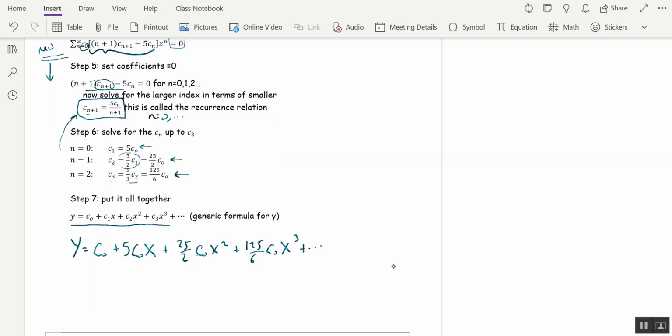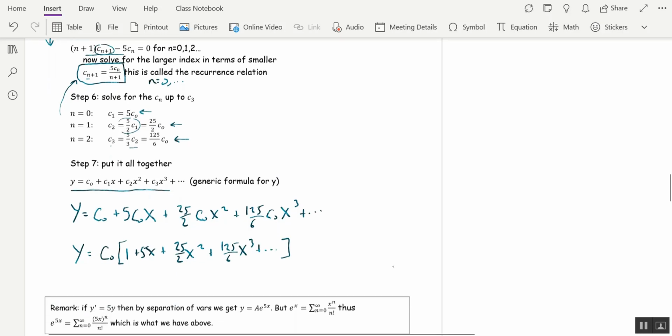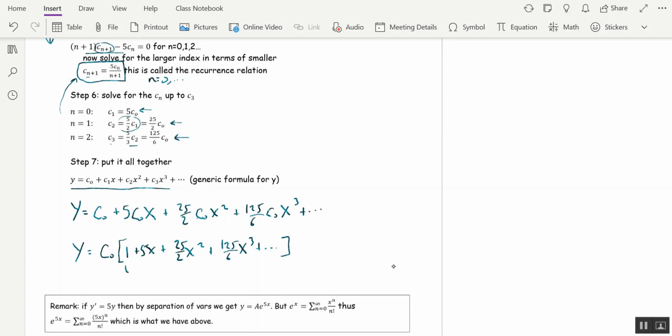All right, now let's factor out a c naught. So I have a constant, and then 1 plus 5x plus 25 halves x squared plus 125 over 6 x cubed plus ... Well, it turns out this is nothing more than the power series expansion for e to the 5x.